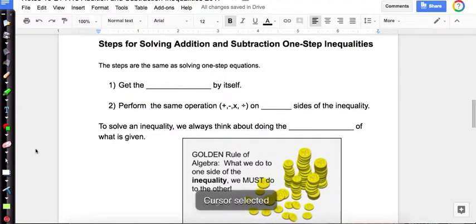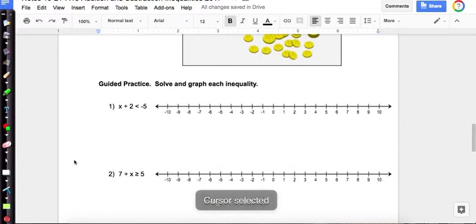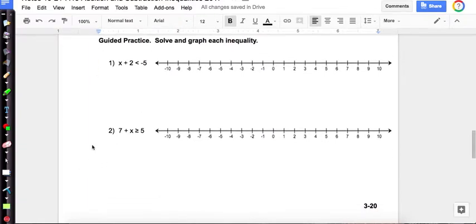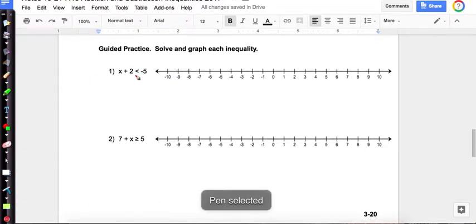So now let's look at some examples. This is solve and graph each inequality. So just like we did addition equations, we're going to draw our T. And the opposite of adding 2 is subtracting 2 from both sides. The 2's cancel.